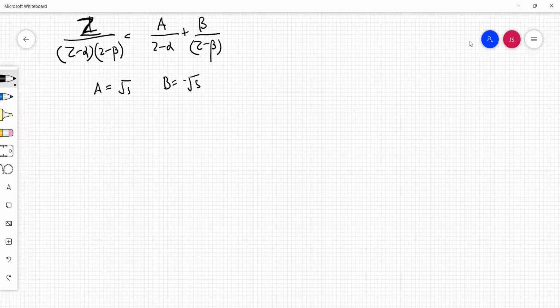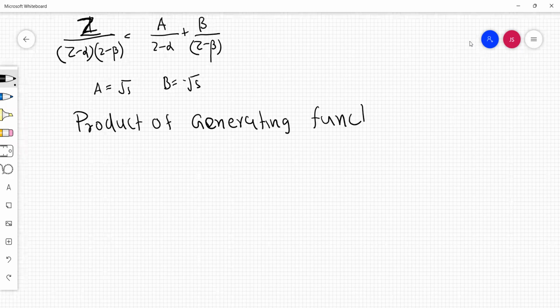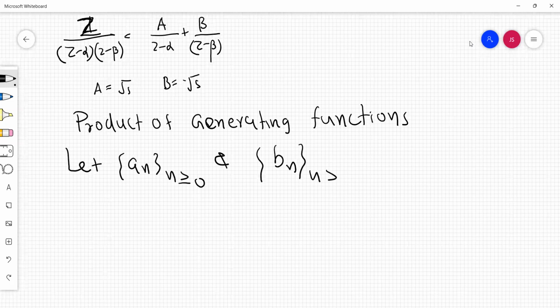Product of generating functions. Let A_n and B_n be two sequences.